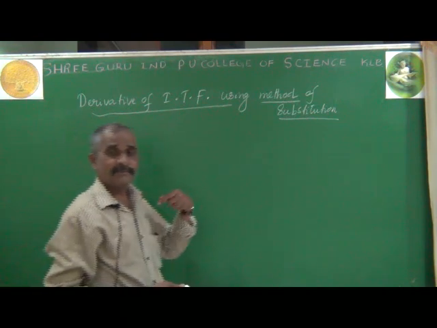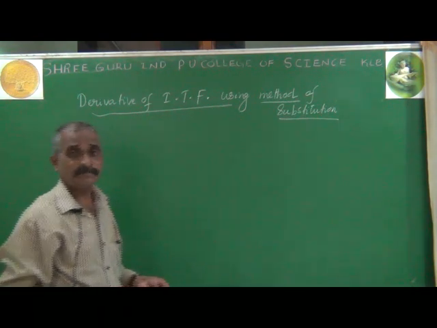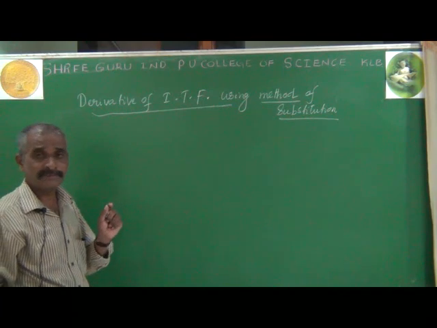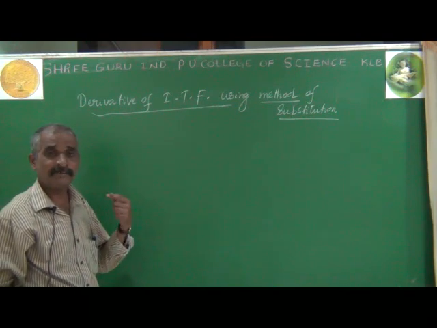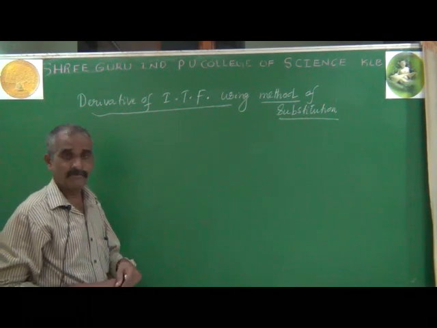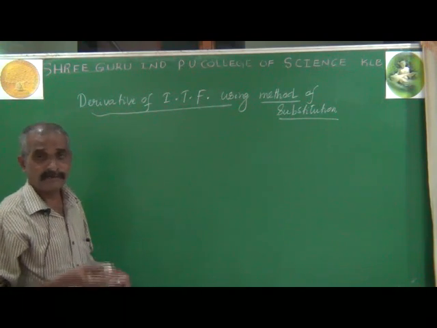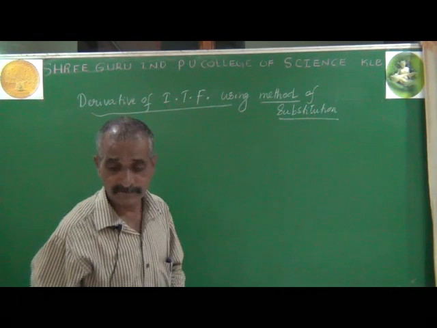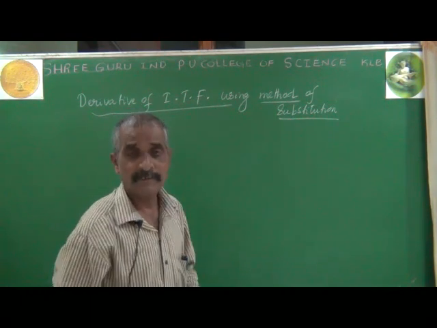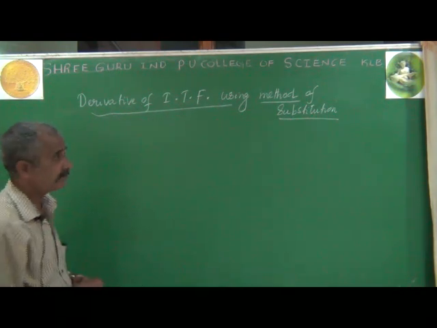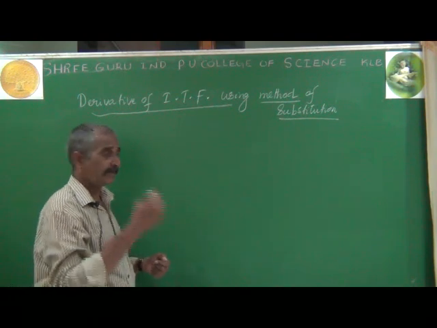Now, in the coming cases, we need to take a suitable substitution depending on the given expression. What kind of expression is given, that we must study properly, and after studying it properly, we must take a suitable substitution in terms of a new variable.